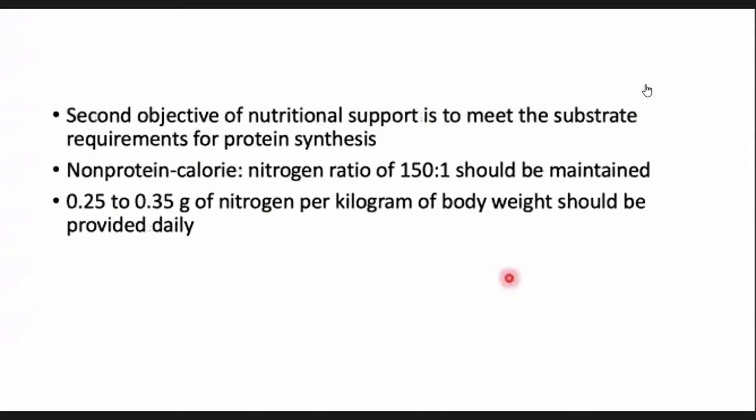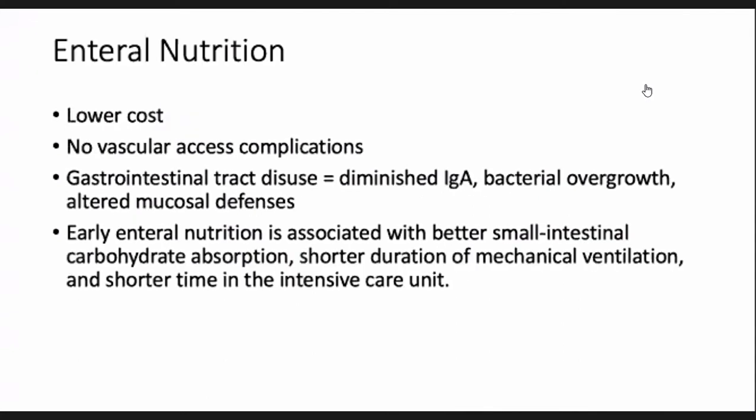However, it should also be noted that we should not overfeed the patient, because overfeeding can lead to clinical deterioration due to increased oxygen consumption, carbon dioxide production, prolonged need for ventilatory support, suppression of leukocyte function, and also increase in the glucose level, hyperglycemia, and increased risk for infection because of increase in glucocorticoids.